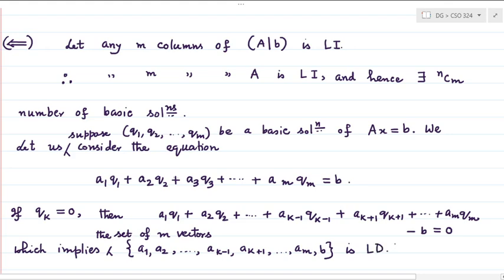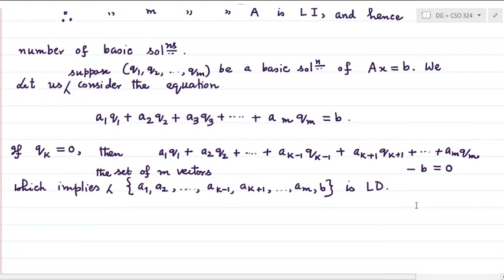And once it is linearly dependent, you are violating your assumption that any m columns of the augmented matrix AB are linearly independent, which is contradictory to this star, your assumption.